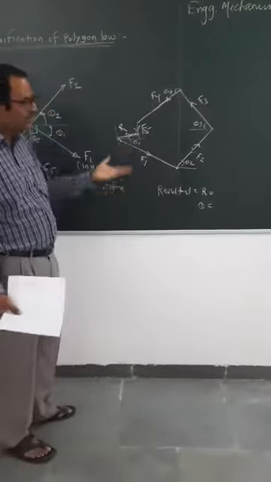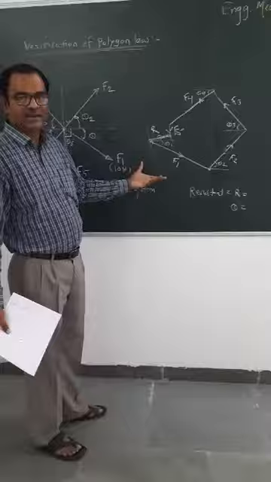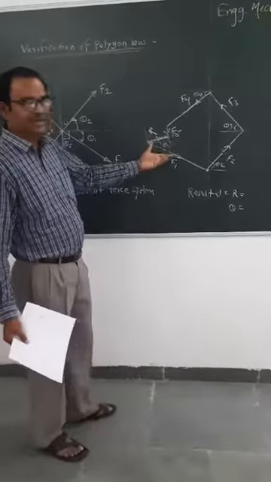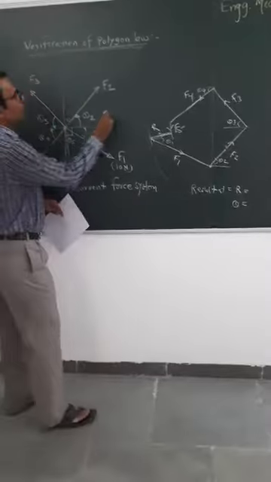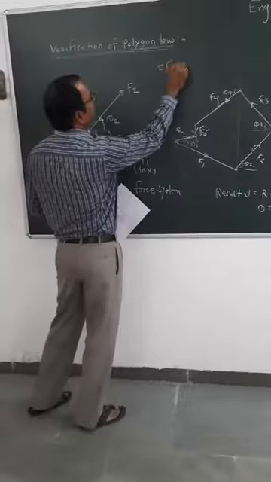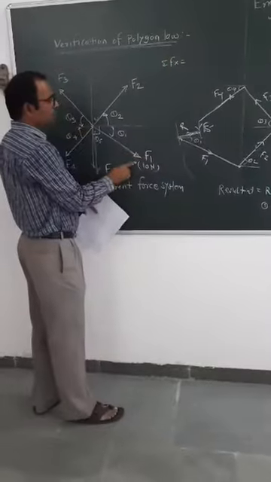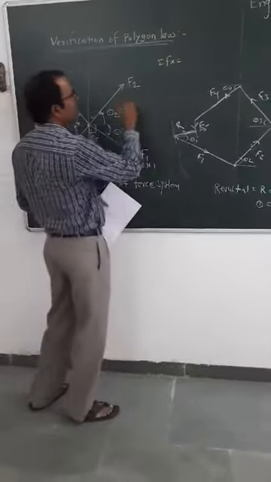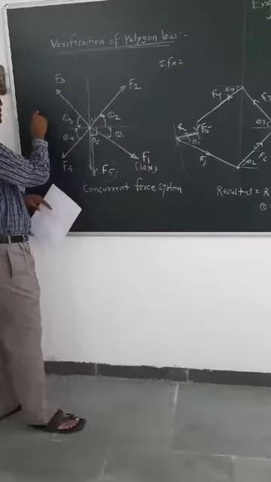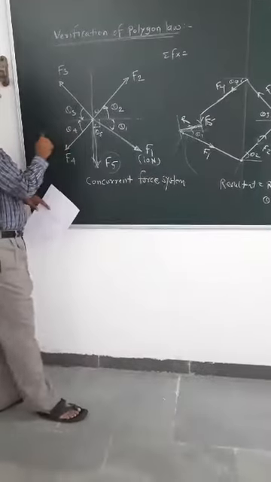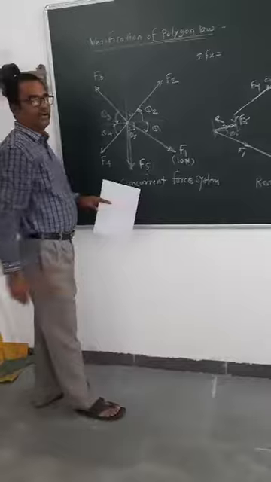And the analytical method, you know how to calculate the resultant analytically. So how do we find it analytically? Summation of Fx, by adding forces in the x direction. Summation of Fx is equal to F1 cos theta 1 plus F2 cos theta 2 minus F3 cos theta 3 minus F4 cos theta 4. Okay, that is Fx.